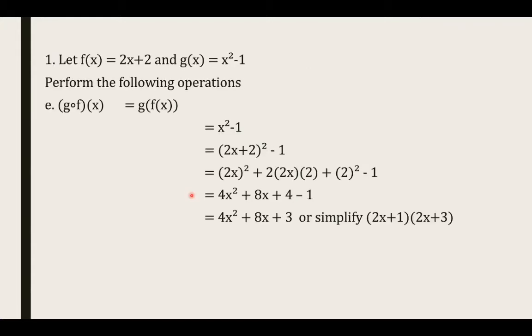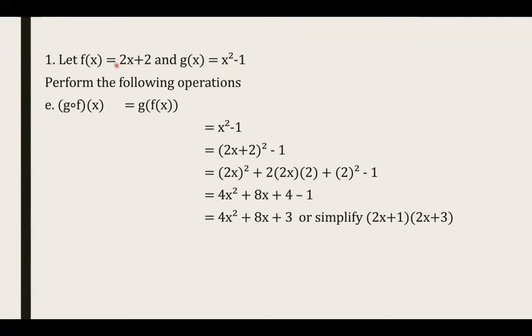Now, how about composition of functions? We have g of f of x. What will happen? This means that we would take this function here and substitute our f of x for the variable in your g of x.